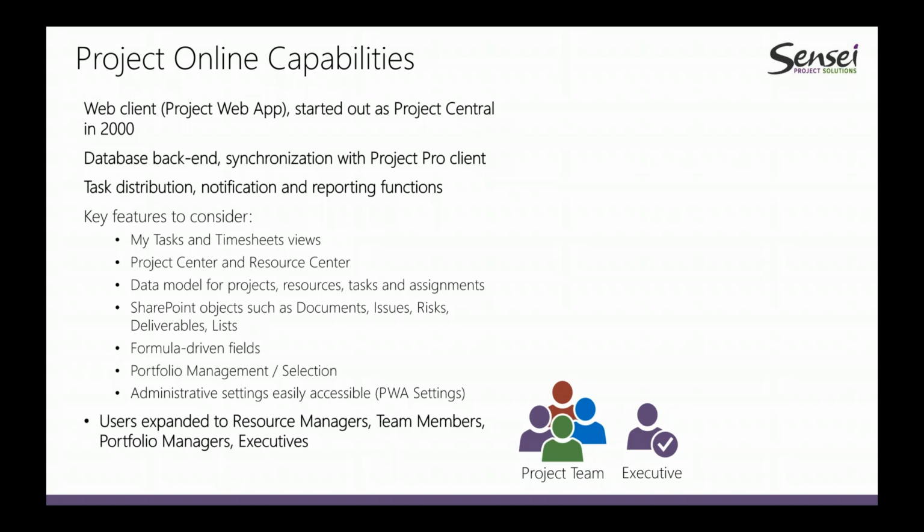You also have a layer for distributing reports out to your executives. So the idea with Project Online is really to engage your community in a way that you can't with just, you know, I don't know of any CEOs that really like, except for perhaps the CEO of Sensei Project Solutions, that likes to open up an MPP file and likes to do scheduling.